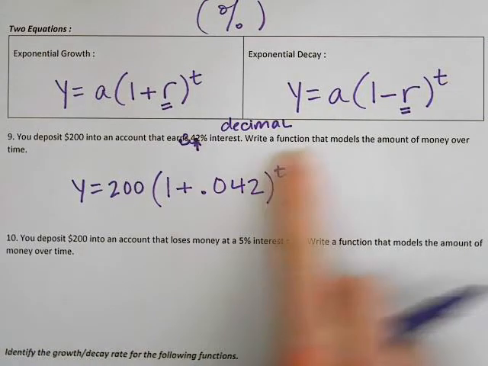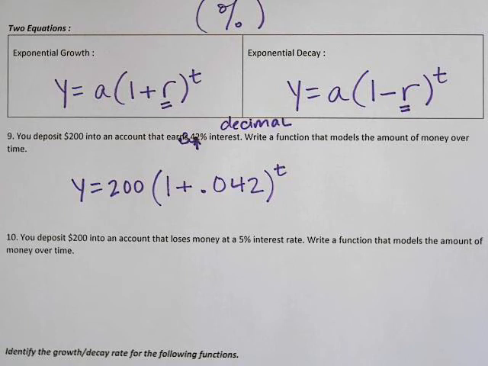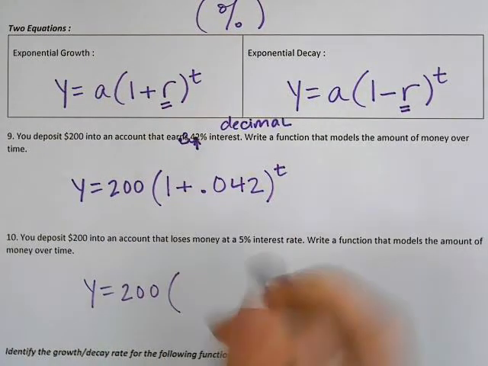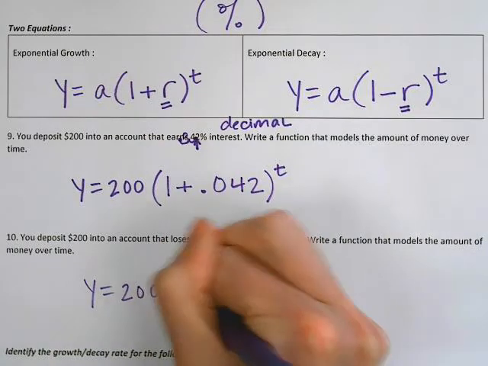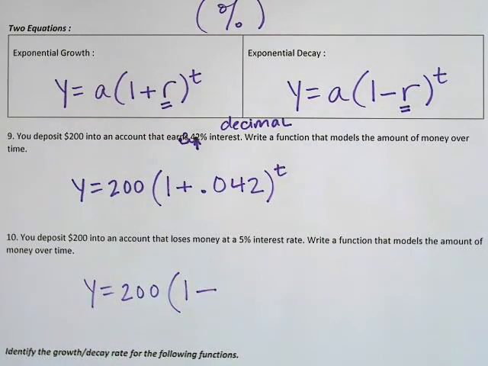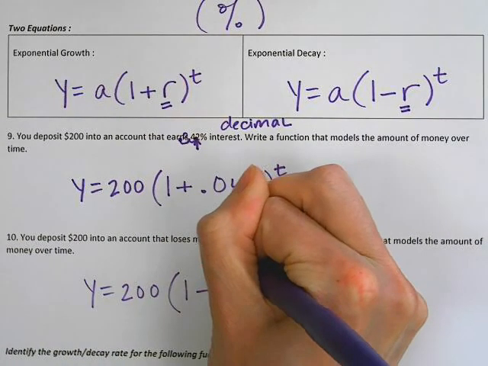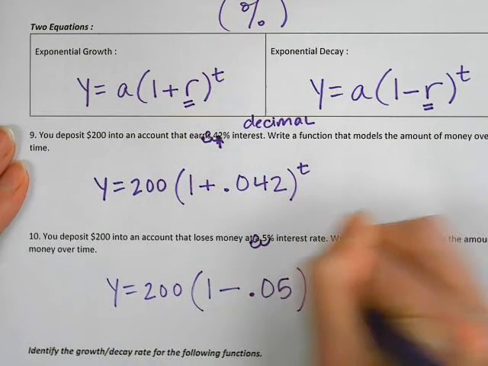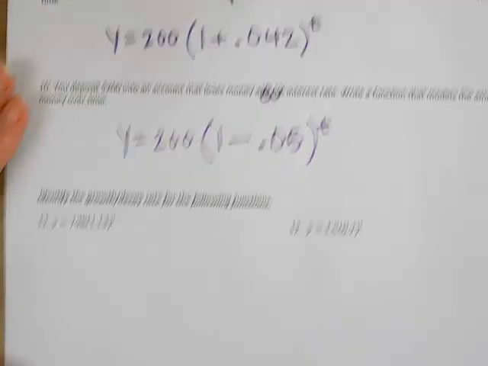And then we don't know what t is, so we're done. Number 10, you deposit $200, that's A, but you're losing money, so it's 1 minus 5%. If you move the decimal 2 spots it's 0.05, and then again to the t power. Okay, so those are those models.